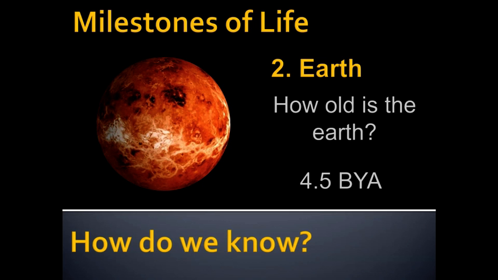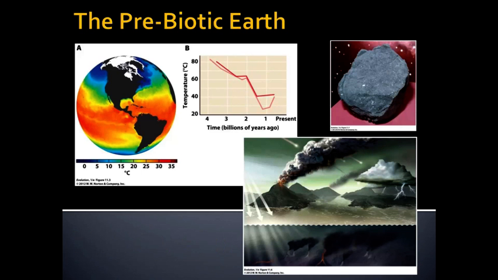So our Earth formed as a recognizable entity, as a planet orbiting our sun, about 4.5 billion years ago. And the data we use to support that are the radioactive dating of the very oldest igneous rocks that we can find on Earth. Okay, so about 4.5 billion years ago, we have a recognizable planet.